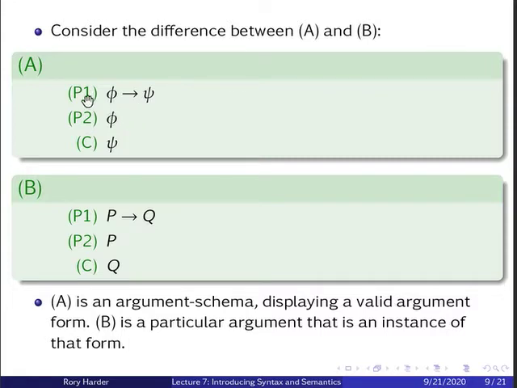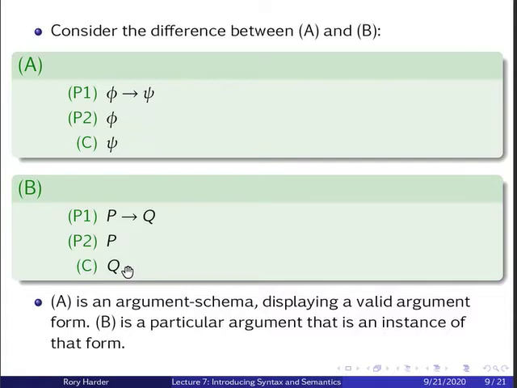We have as a first premise, if phi then psi. We have as the second premise phi, and we have as a conclusion psi. Now in B, we have something very similar: as the first premise, if P then Q, as the second premise P, and then the conclusion Q.